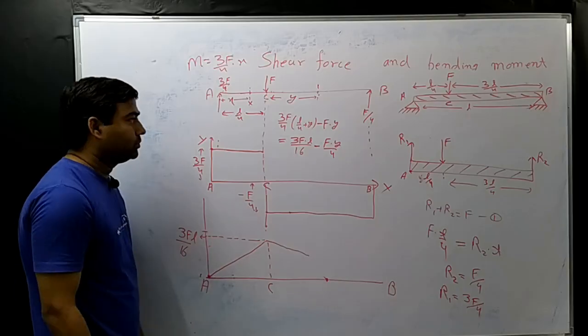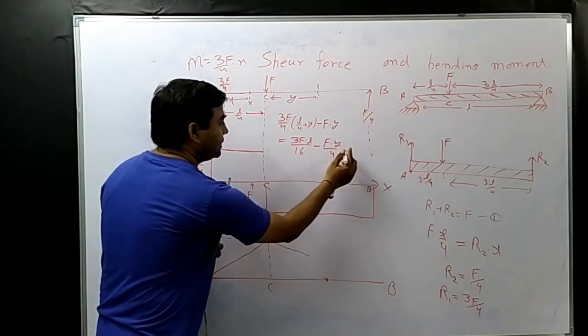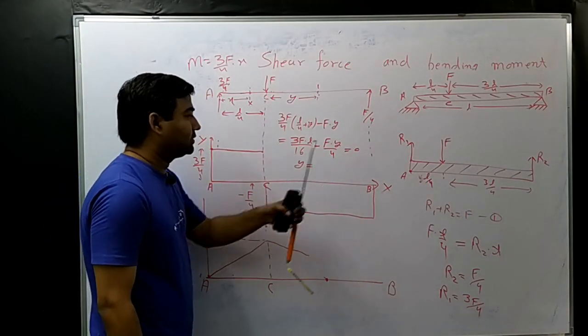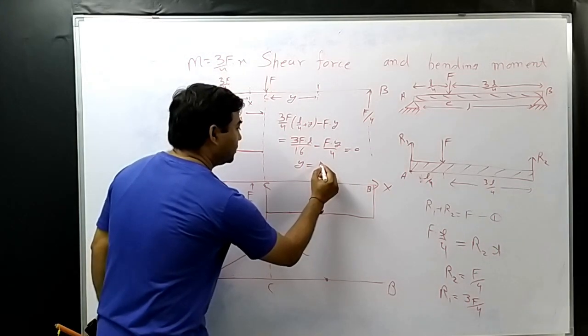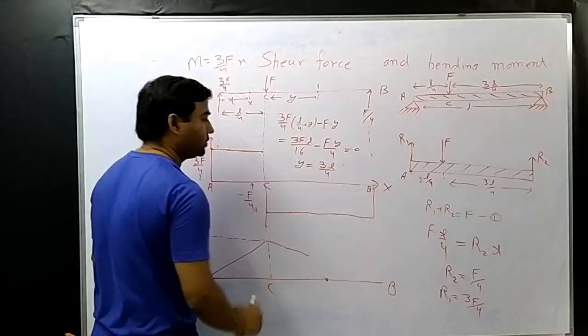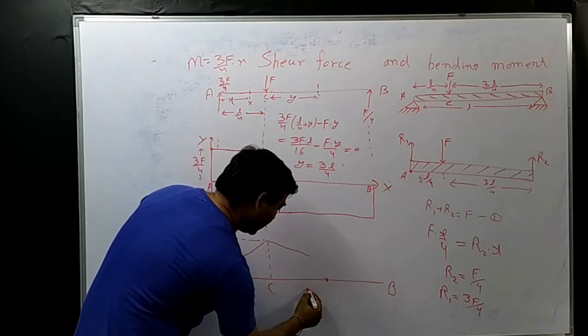Now where will it be 0? For which point will it be 0? So put this expression equal to 0. By putting this expression equal to 0, we can find Y is equal to 3L by 4, which is this total distance.